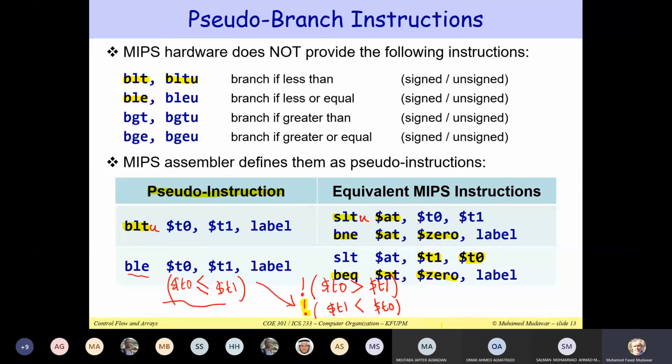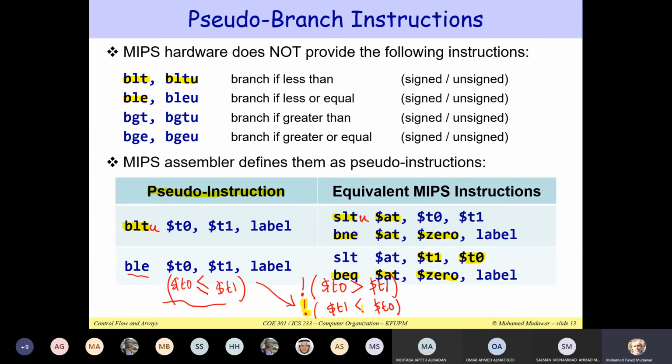So you see that we can achieve any one of these branches, okay? So even though I don't really have set less than or equal, I have set less than. We can always convert less than or equal to not greater than, and I can switch the order of these two registers, T1 and T0.